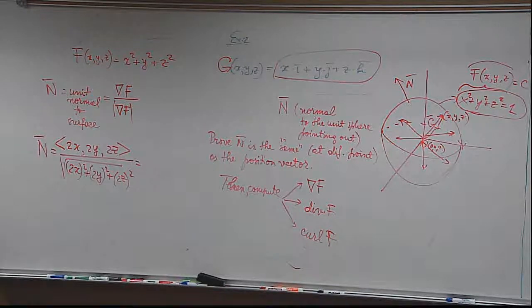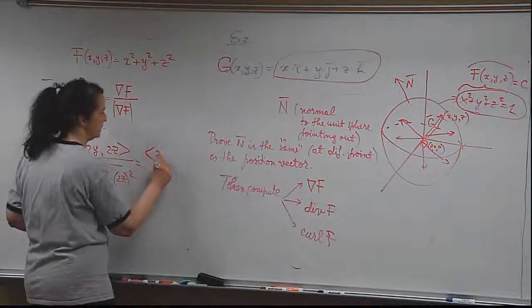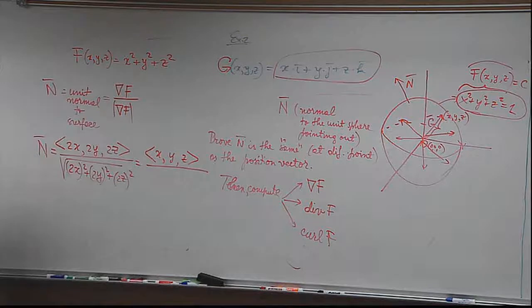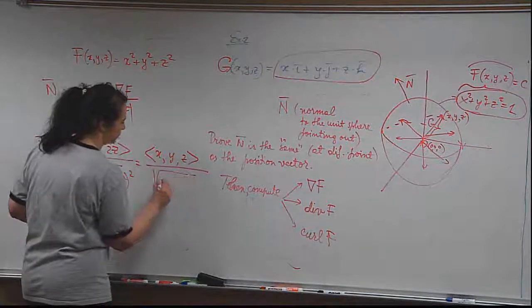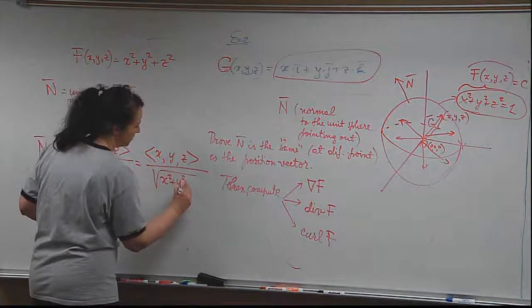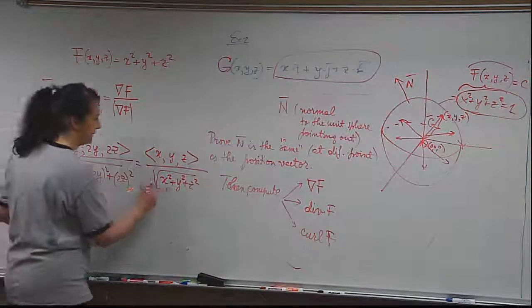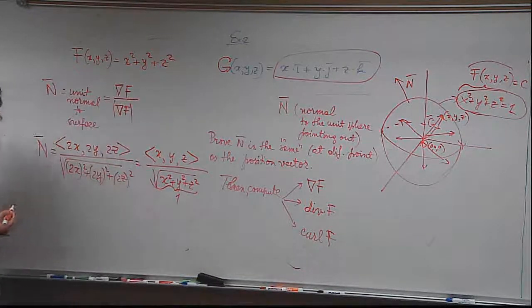I want to simplify up and down by a 2. Can I do that? Of course I can. I'm going to get x, y, z divided by the square root of x squared plus y squared plus z squared. It would still be 2 though, because it's 2 squared, so it's 4.